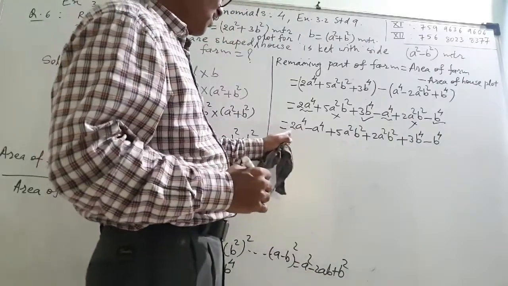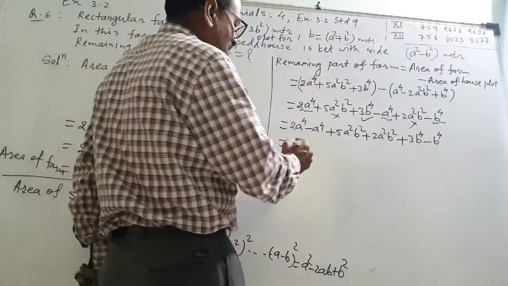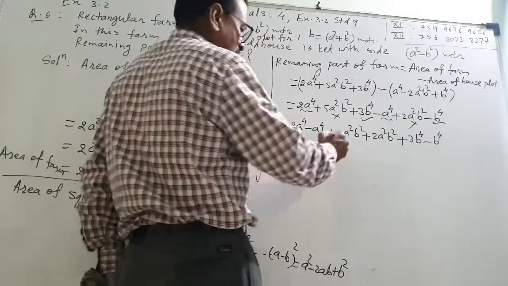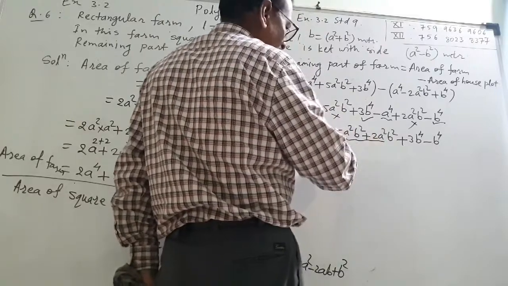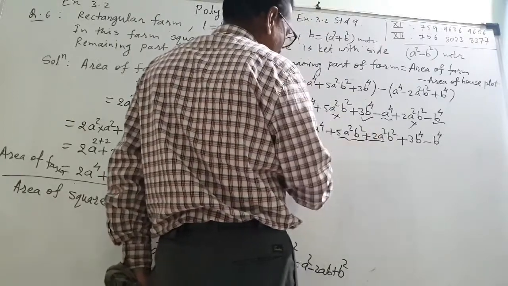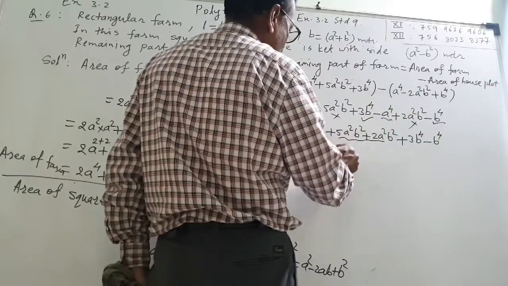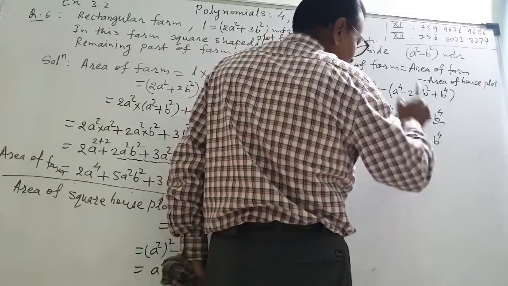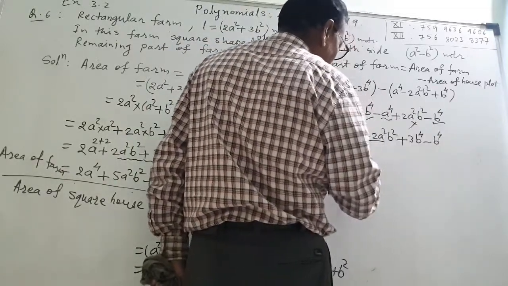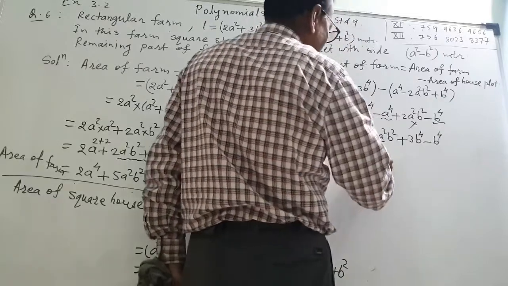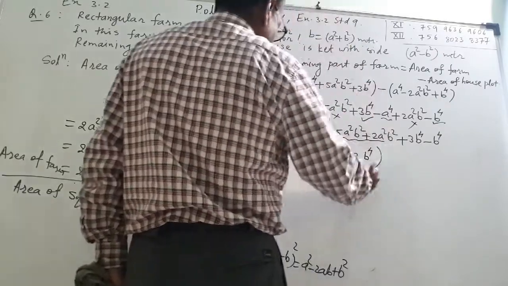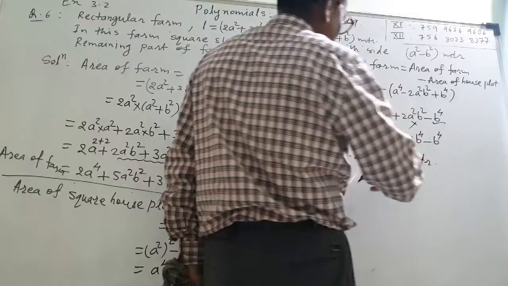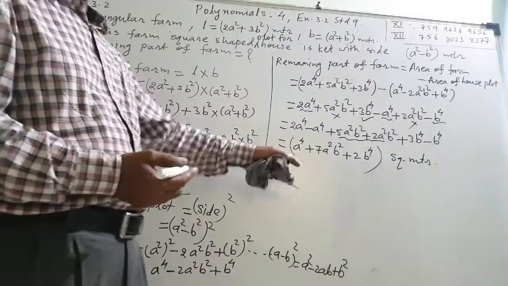Now see that this is 2 and this is 1. 2 minus 1 is 1, 1a raised to 4, not needed to write 1. Now 5 plus 2 is 7, a raised to 2, b raised to 2. Now 3b raised to 4 minus 1b raised to 4, means 3 minus 1 is plus 2, b raised to 4, and this is in square meter. It is the area, so we have to write the unit square meter. This is the remaining area.